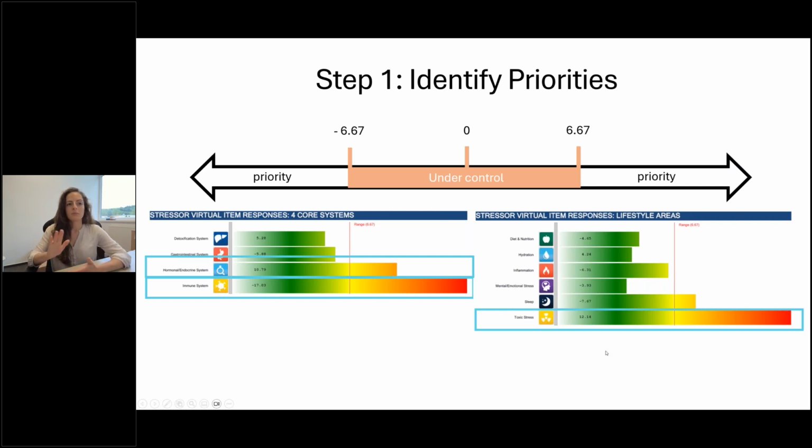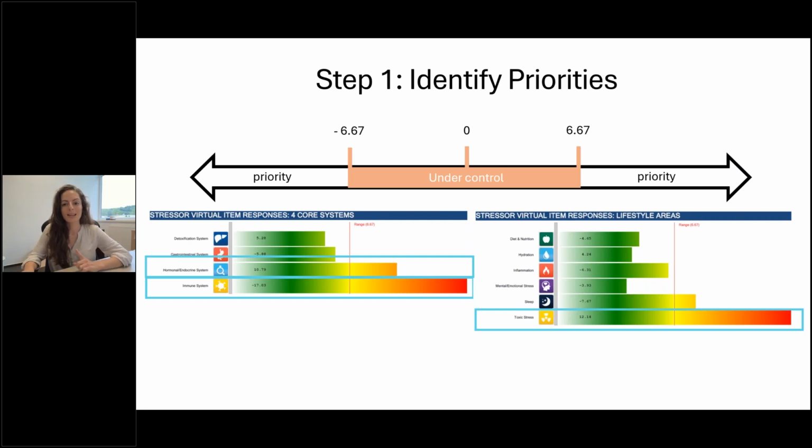So you don't have to look at minus or plus, because this is just how the system is designed to show us what's within this area and what's outside, and it can be a minus or a plus. But in interpretation of the report, the minus or plus doesn't play any role. You can consider this as absolute values, no minus, no plus, just look at the numbers. If it is within the range, it is under control. If it is out of range, we are going to work on it.